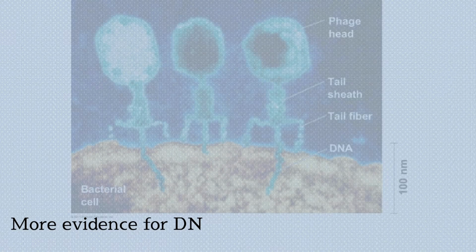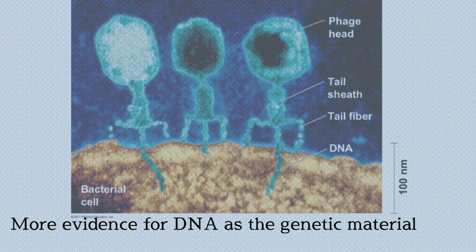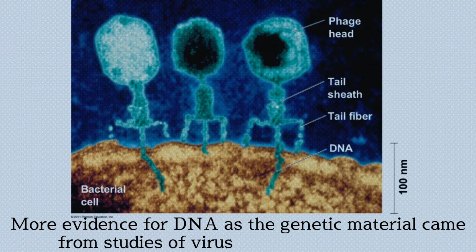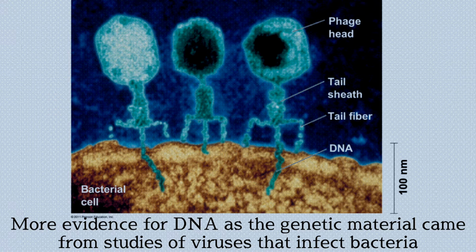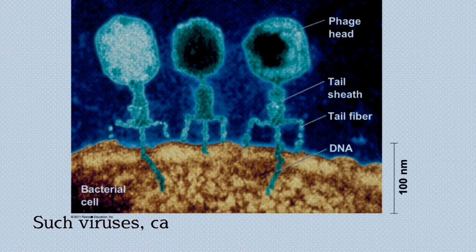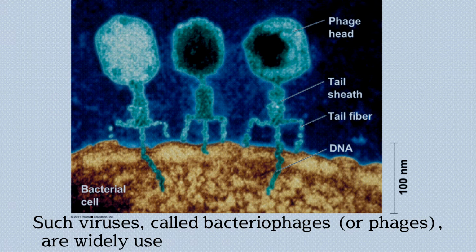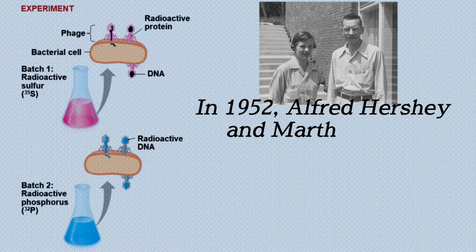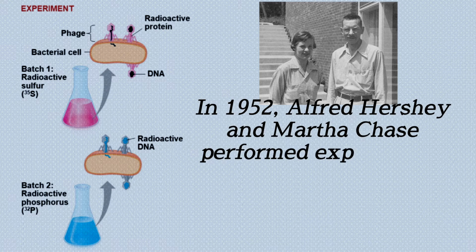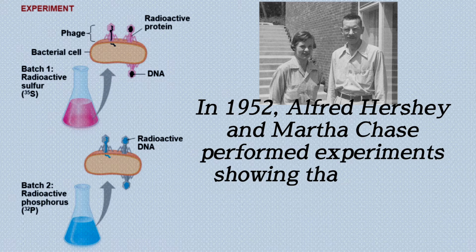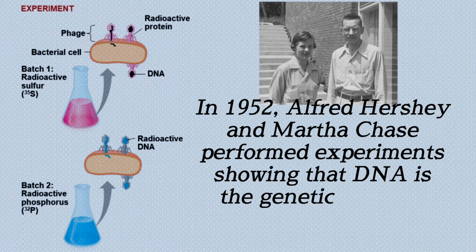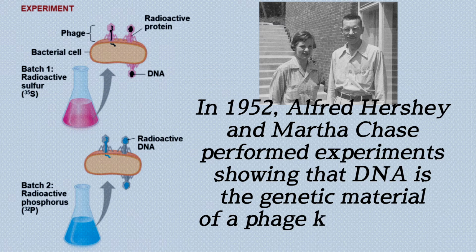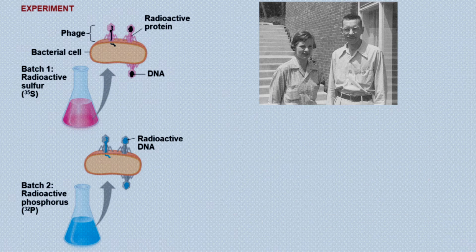More evidence for DNA as the genetic material came from studies of viruses that infect bacteria. Such viruses, called bacteriophages or phages, are widely used in molecular genetics research. In 1952, Alfred Hershey and Martha Chase performed experiments showing that DNA is the genetic material of a phage known as T2.